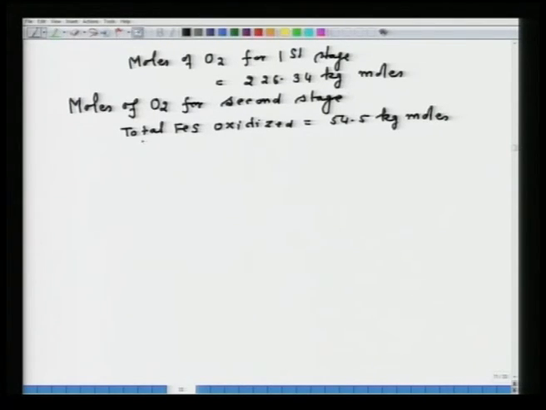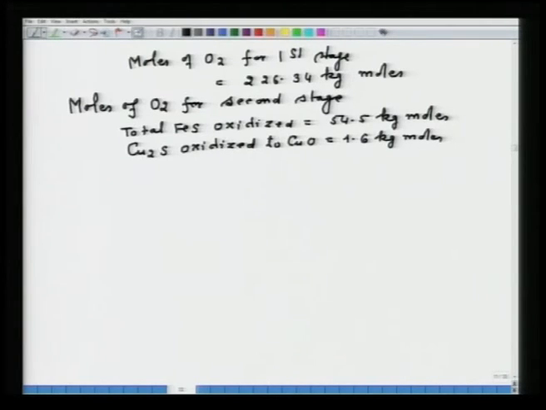All right. Then Cu2S oxidized to CuO, that is 1.6 kg moles.